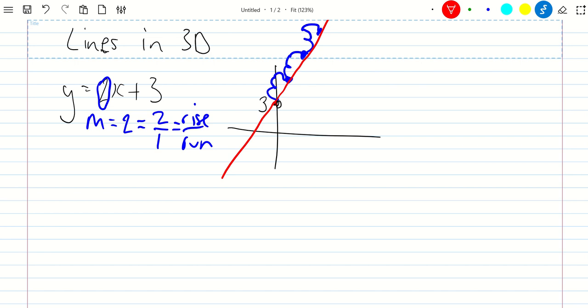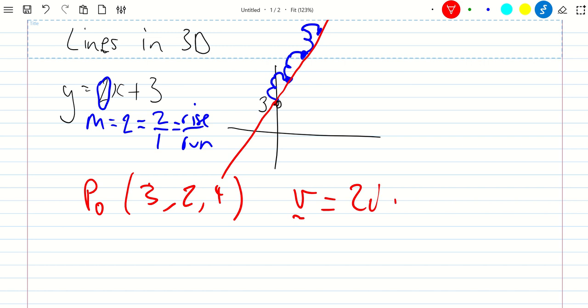And lines in 3D are actually exactly the same. You're going to start with a point, some point P naught, which is three-dimensional now. You can see how the 2D line is two-dimensional because it gives you the rise and run. But you might have some point, 3, 2, 4, whatever, it doesn't matter. You're going to start at that point, and then you're going to have some vector that shoots it off in a particular direction.